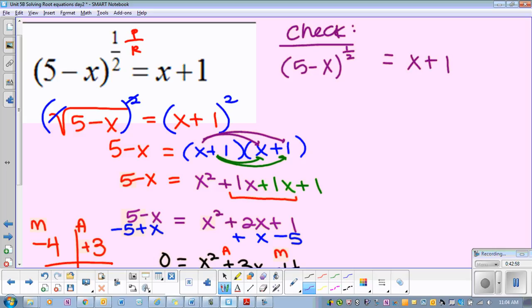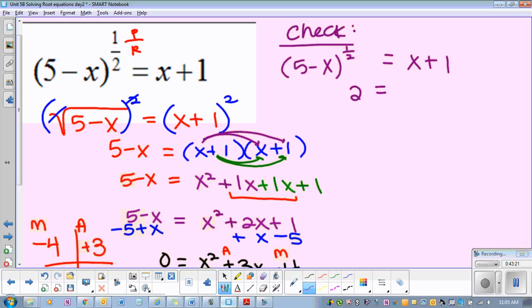So when you go to check 1, right? You got to put it in the left-hand side. What did you get when you put this in the left-hand side? You got 2? And then you have an x on the right-hand side too. So you got to put it in the right-hand side too and see if they equal each other. You know what I mean?